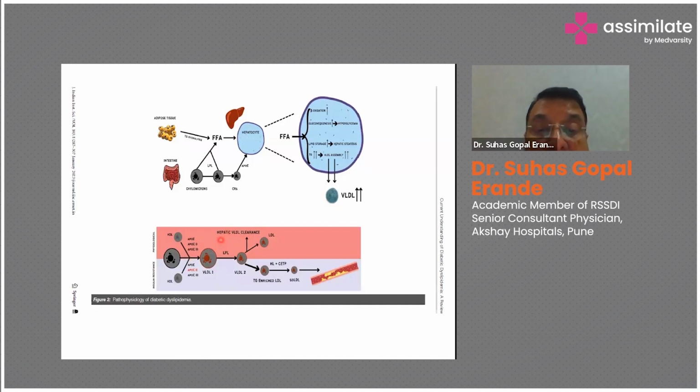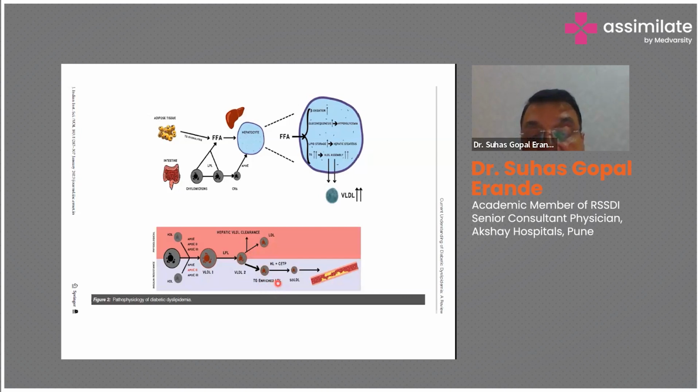So this hepatic VLDL secretion actually results in a lot of other changes in the other lipids. For example, you will see here that these excess VLDLs are processed and converted into VLDL1, and this VLDL1 down the line is acted on by lipoprotein lipase, which creates VLDL2, and then down the line it creates the low density lipoprotein or LDL cholesterol, and the other is triglyceride-enriched LDL cholesterol.